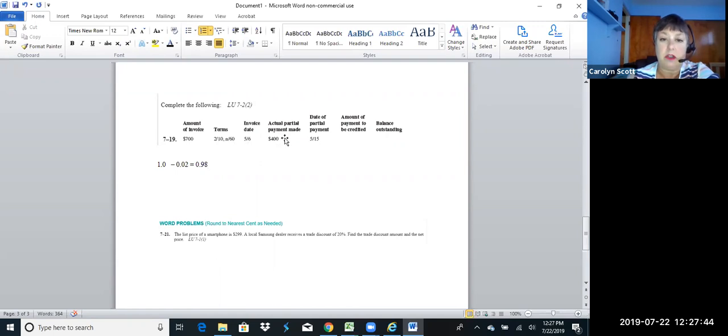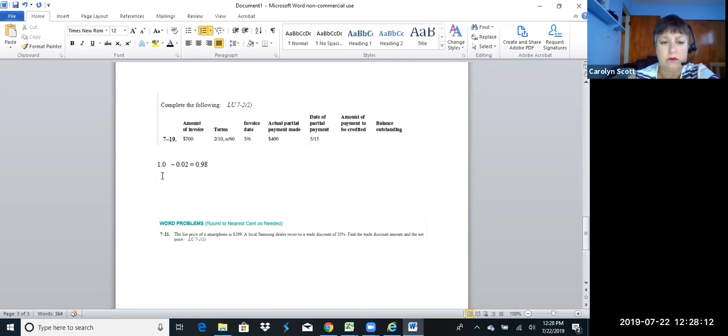This partial payment receives the 2% discount, but unless we make the outstanding balance payment tomorrow, on May 16th, we will owe 100% of the outstanding balance. And this is one of the more complicated things that we'll do in this class.